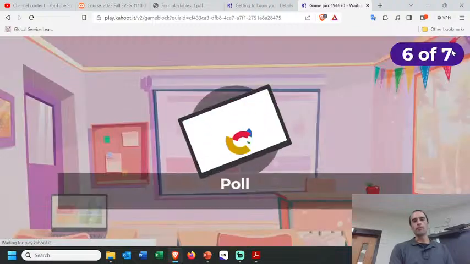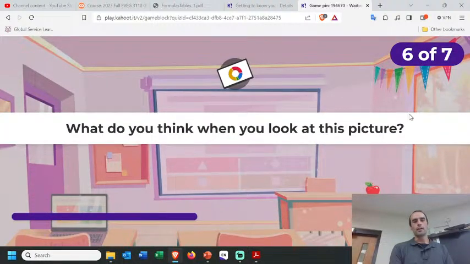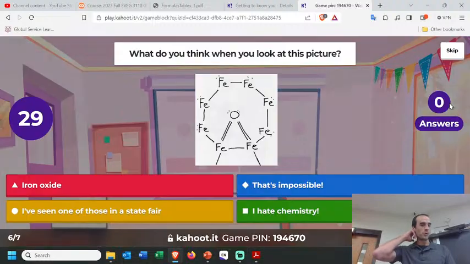Okay, so speaking of chemistry, here's some sort of a chemical structure, and I want to know what you think when you see this.